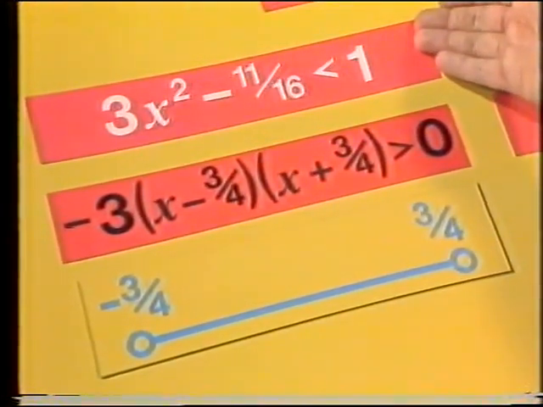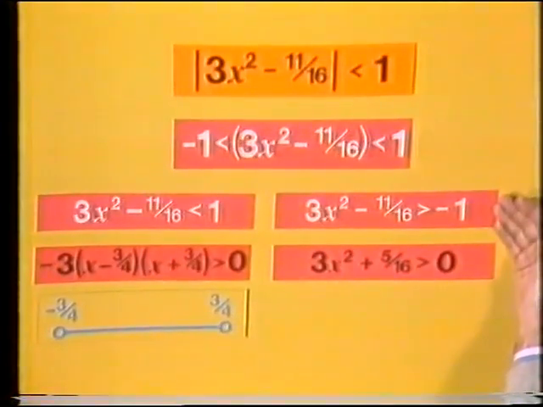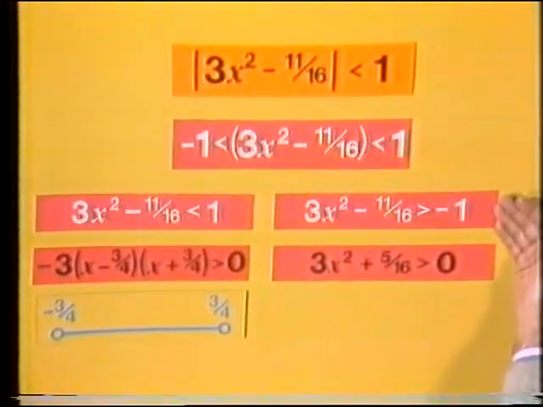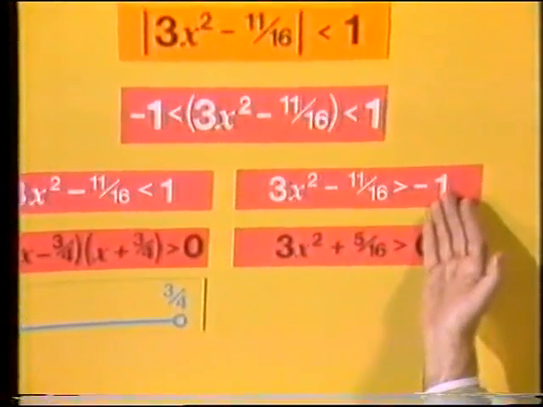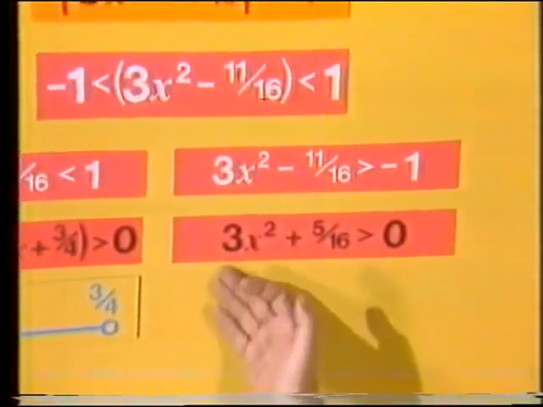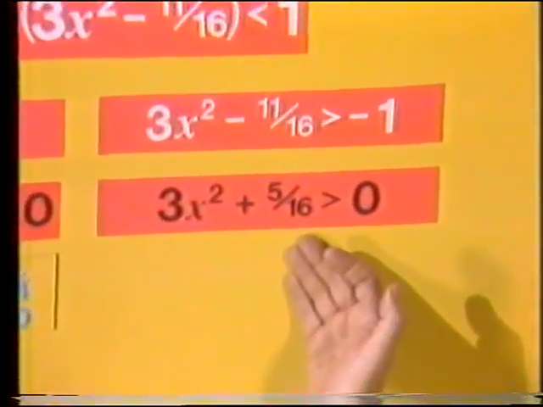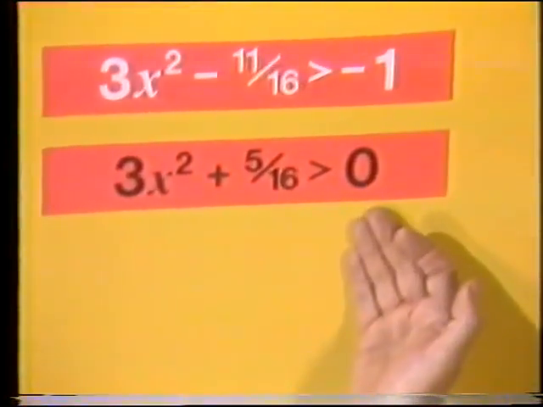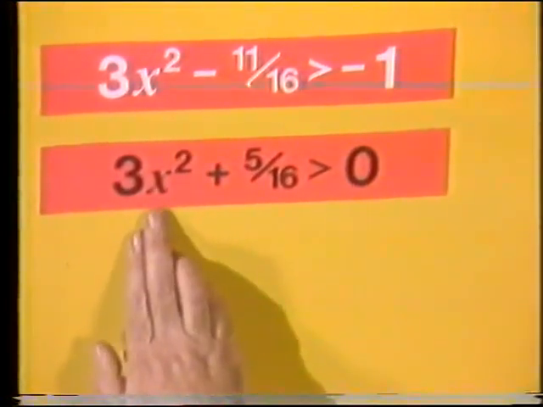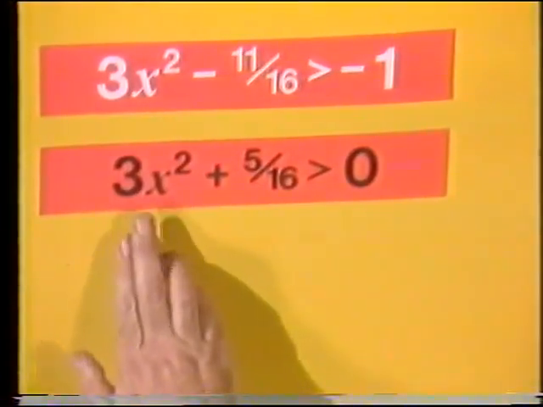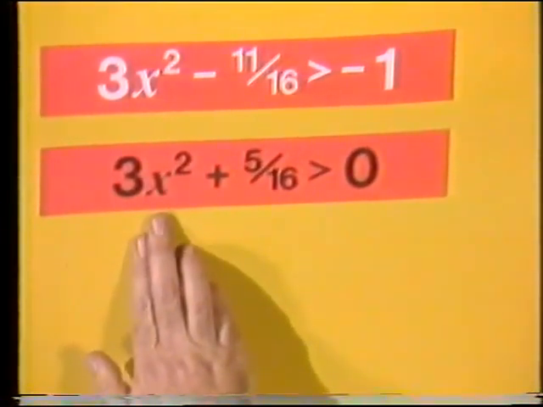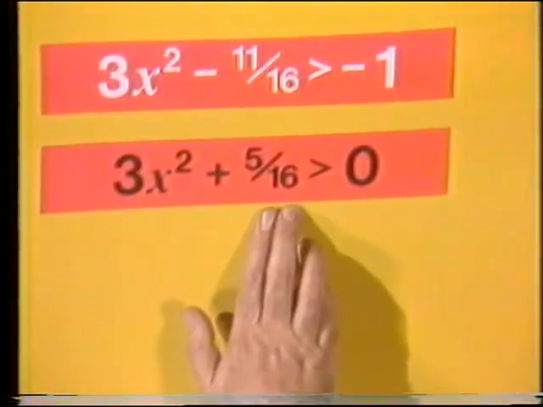But we want values of x which satisfy this inequality as well. Now, this inequality means that this minus this is positive. So 3x squared plus 5/16 must be positive. Well, look at x squared. That's always positive or 0, and so is 3x squared. And we add on 5/16.